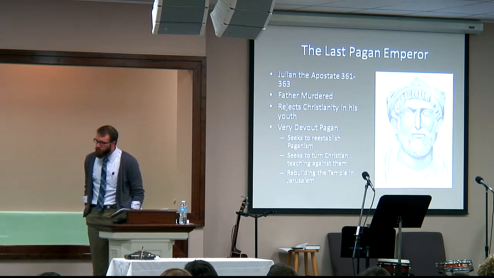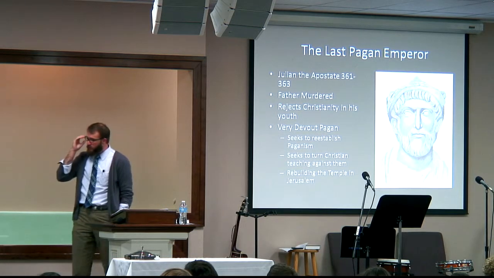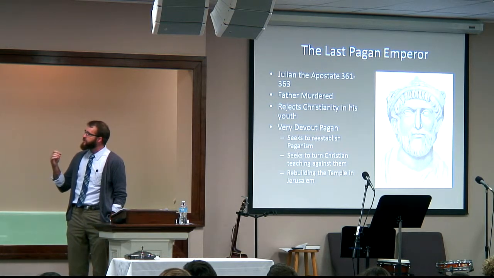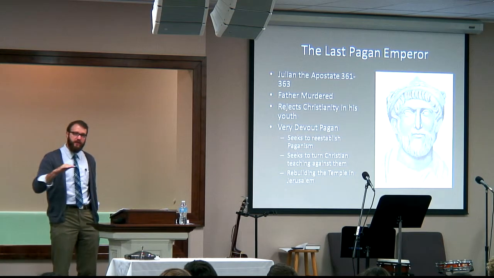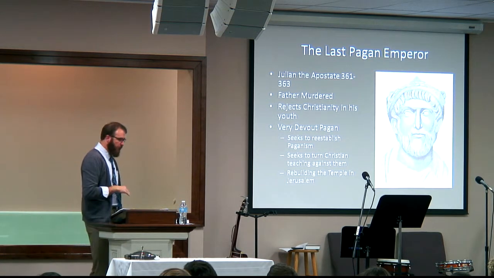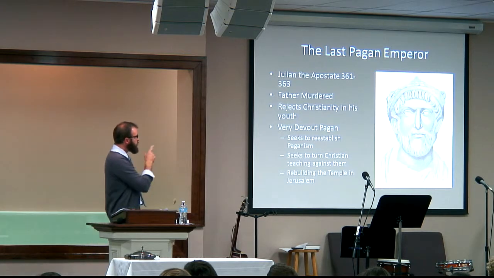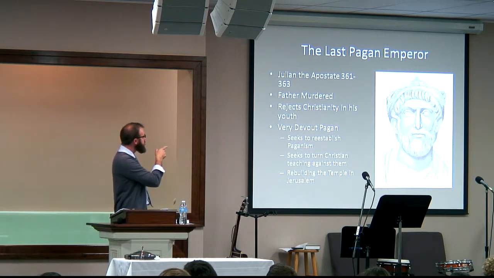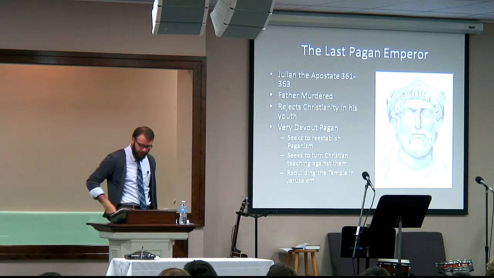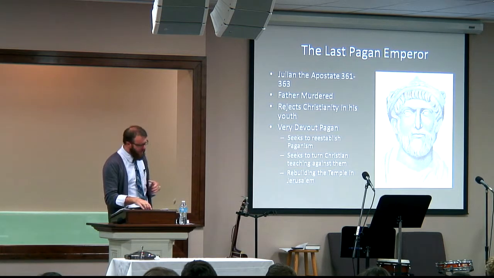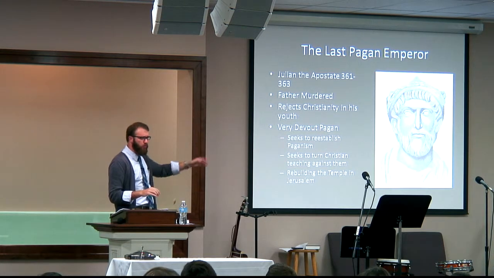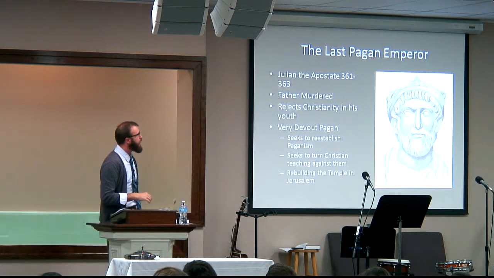Now, the sons and the army refuse this, and what ends up happening is the sons murder all the rest of their family, all the male relatives that aren't in their immediate family, except for 2 grandnephews of Constantine, Julian and his brother Gallus. And they're children, and so they're spared and just sent off to live in remote areas and just be forgotten, basically.